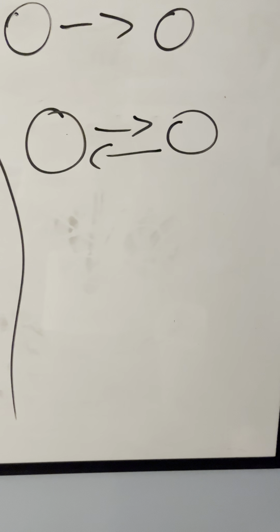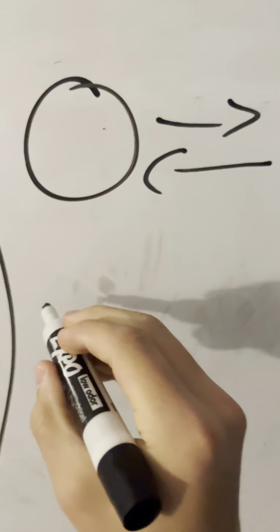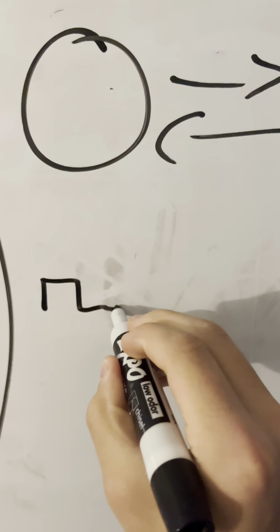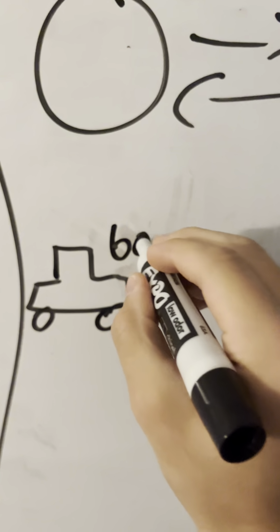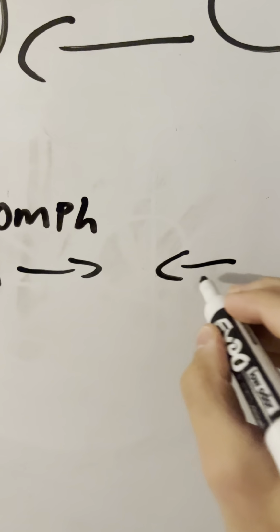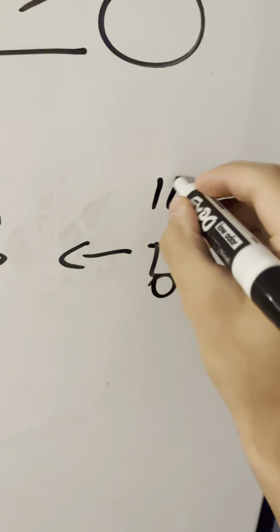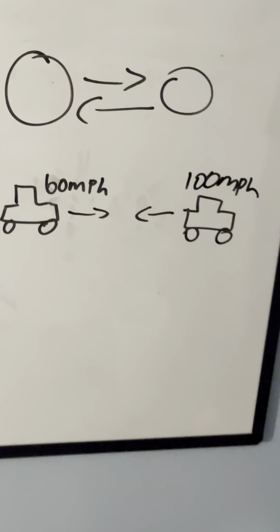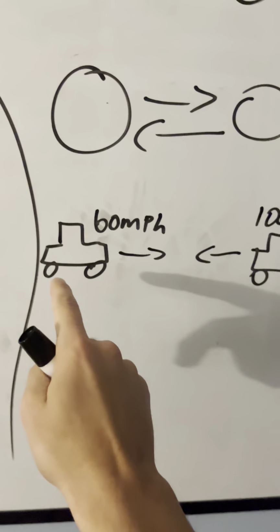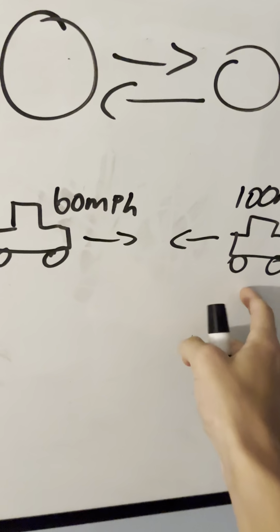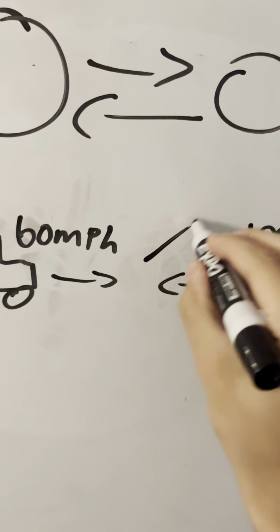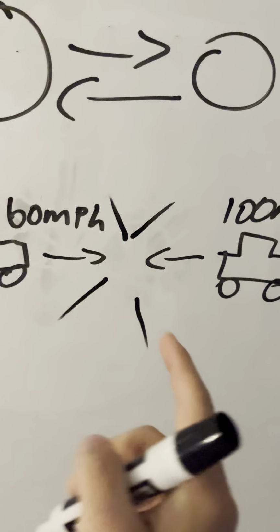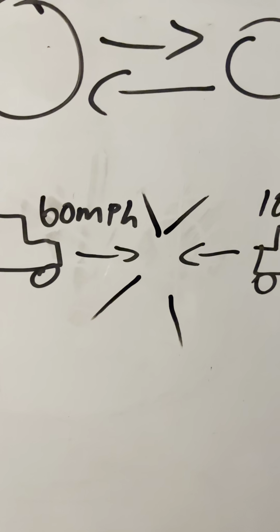Well, the easiest way I would view it is in the form of cars. So let's say this one is going 60 miles per hour, and then this one 100 miles per hour. Oh, now it makes more sense. Now that these two objects are in motion and headed toward each other, kabow, they both influenced each other in some way.